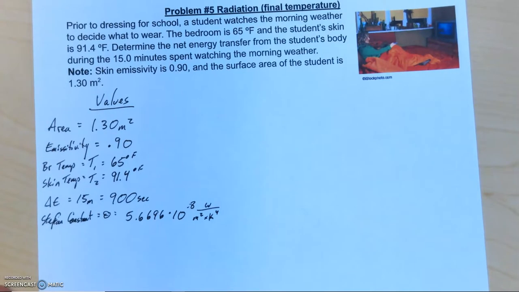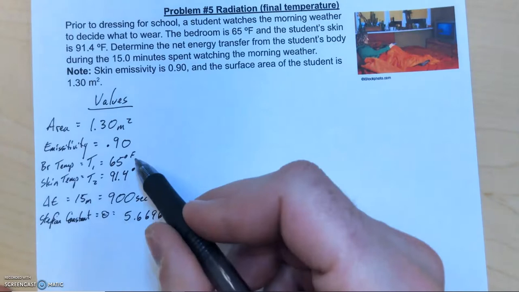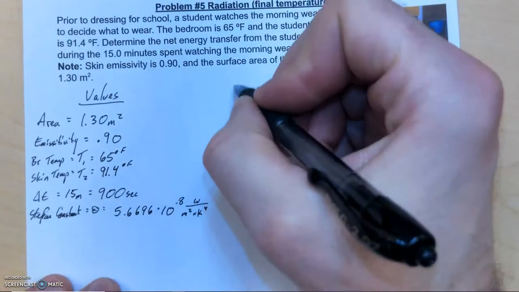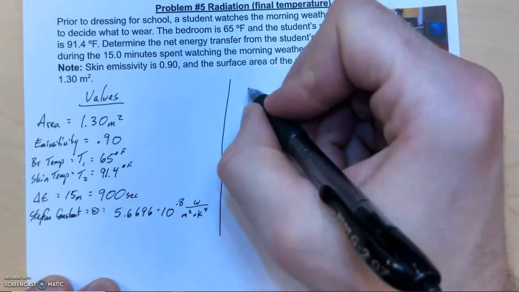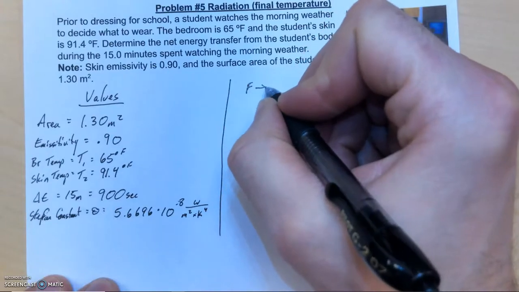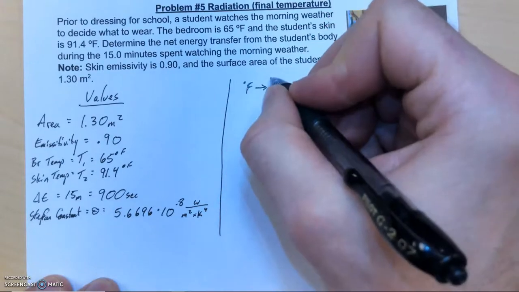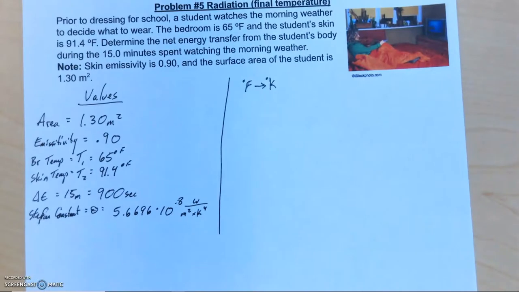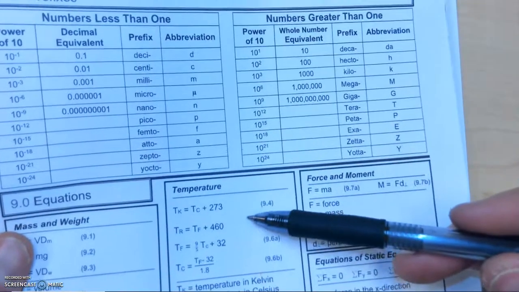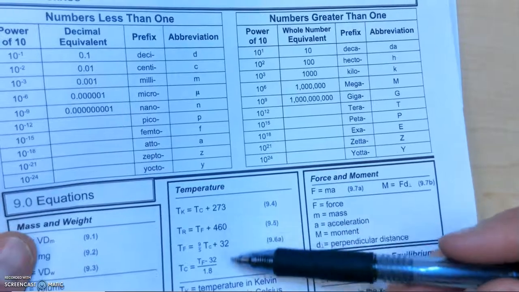Well, before we even get started, we have to convert those to Kelvin. So I'm just going to come over here and call this Fahrenheit to Kelvin. This is going to be a bit of a problem, so let's get started on that. If you look on your reference table, there's an area with your conversions to go from one to the other.